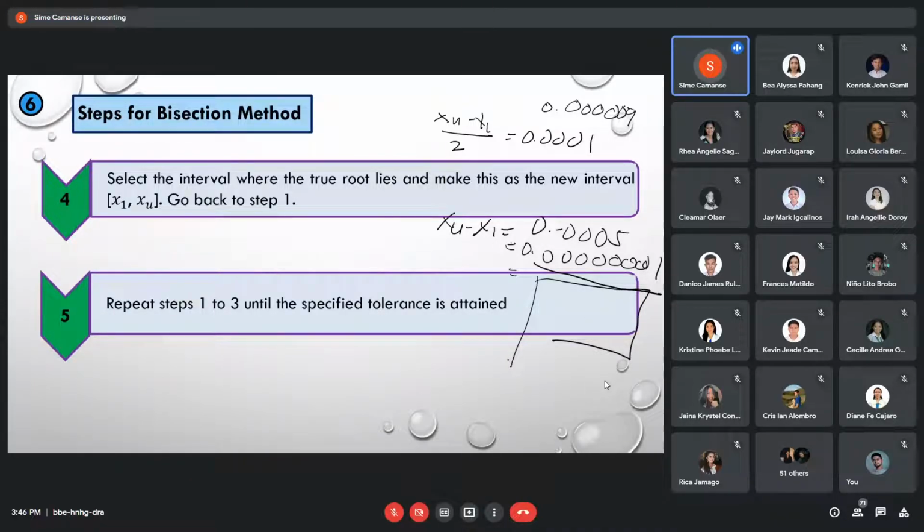But if you program it, it's very easy. It's just one click away from the answer.